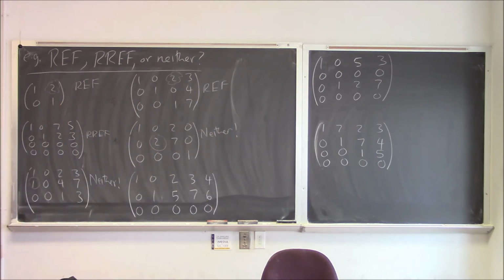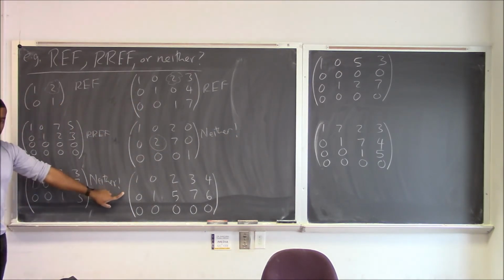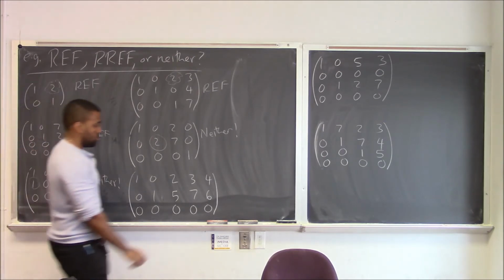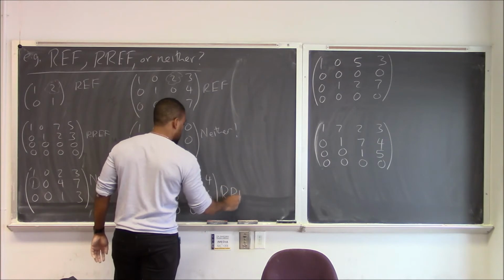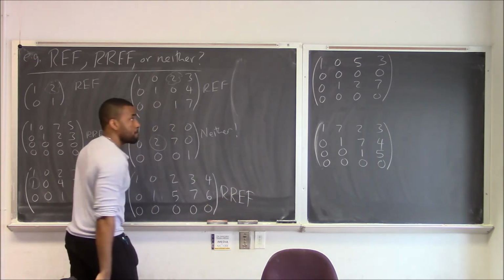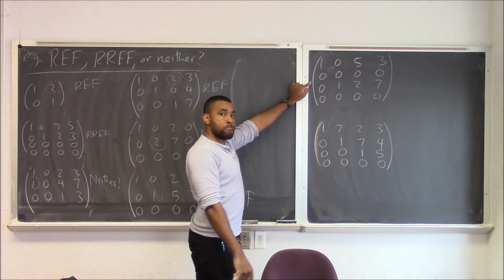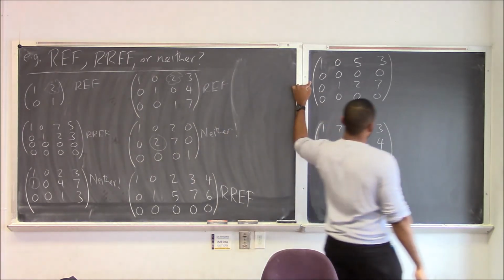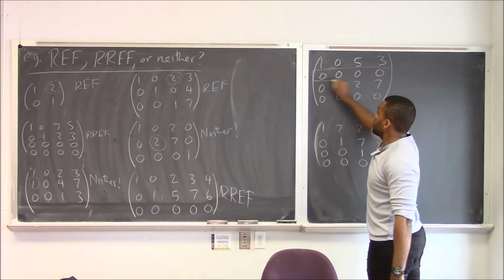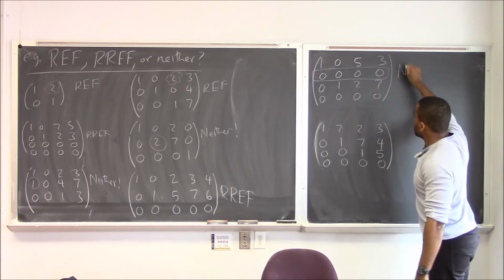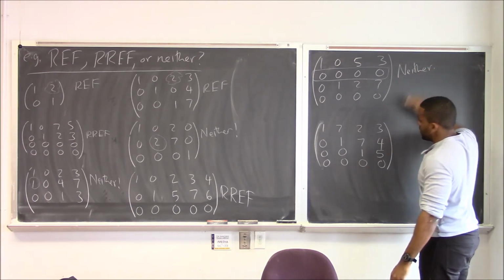That needs to be a 1 for our purposes. This one is reduced row echelon form. Next one: neither. Why not? Because the zero rows must be at the bottom. Here I have a row of zeros smack dab in the middle, so it's neither. It fails criteria 1.